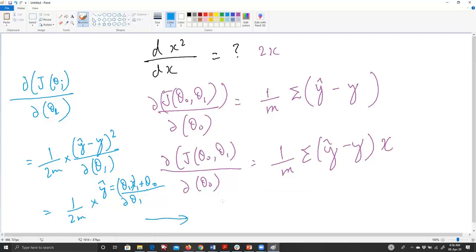So this equation can be written later as 1 by m into summation (y hat minus y) x1, or x, let's call it x. And this is the generalized form that your partial derivatives will give you.